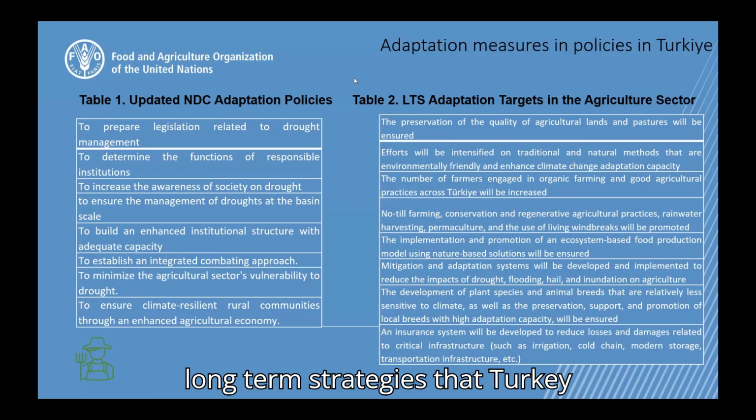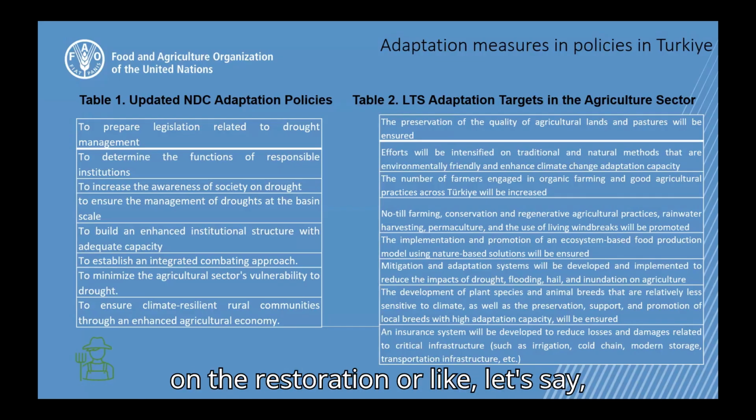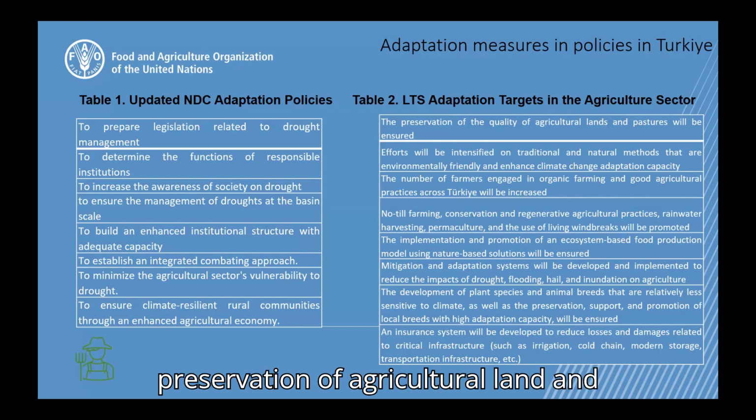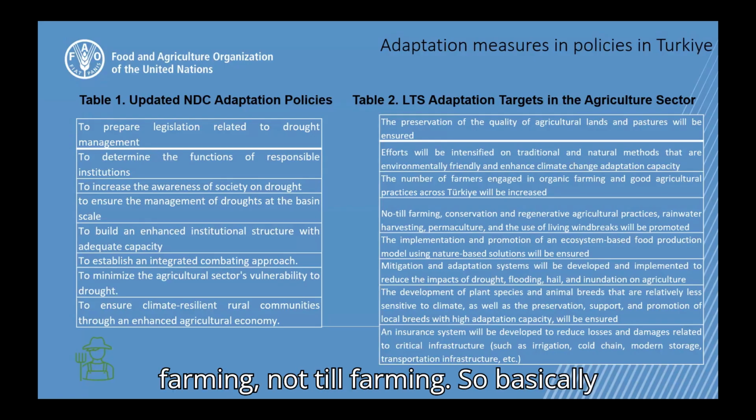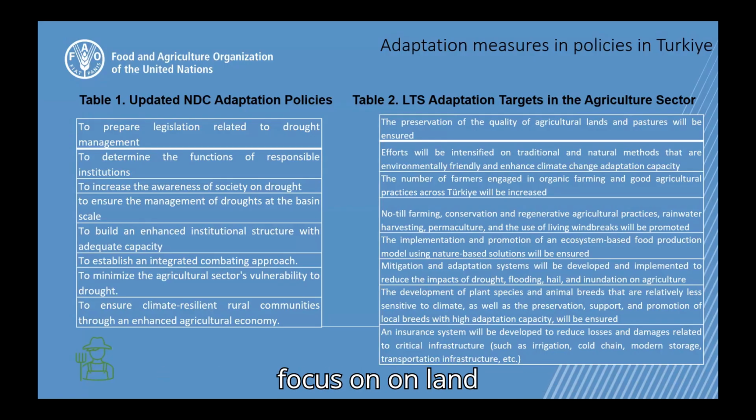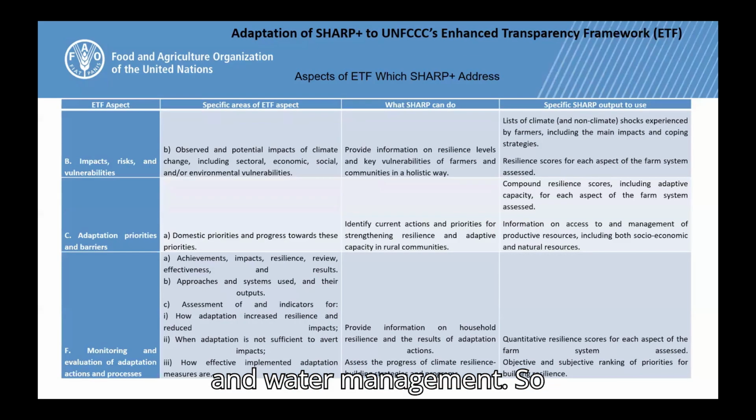If you talk about the long-term strategies that Turkey has, for the adaptation targets they also have a focus on the restoration or preservation of agricultural land and pastures, and then organic farming, no-till farming. So basically a focus on land and water management.